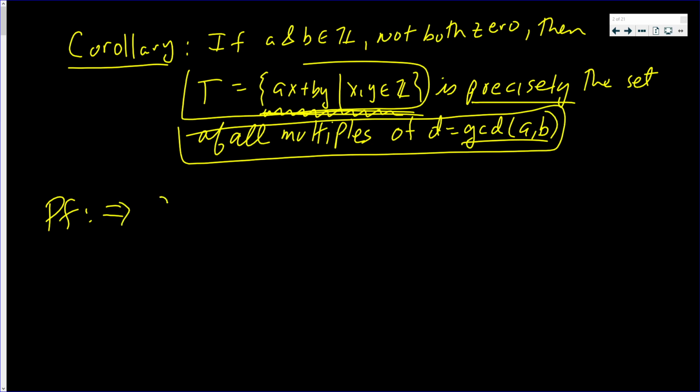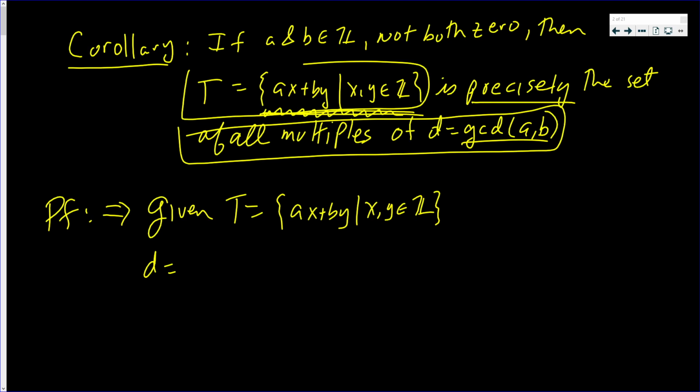Here we're given that T is the set of ax plus by such that x and y are integers. And I want to show that these are all multiples of D. Well, D is equal to the GCD of a and b.